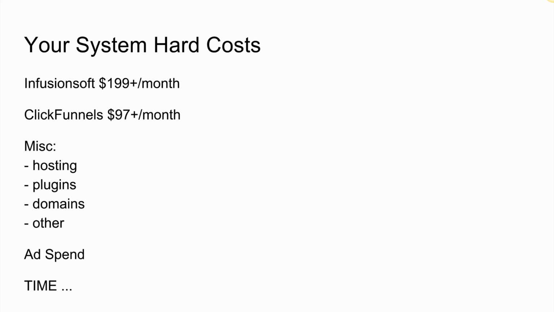Now, there is another hard cost that so many people fail to talk about, and I want to do it because I want to do things differently. I want to treat you the way I would like to be treated. Time. You could go do this on your own, and listen, I'm sure you are as smart or smarter than I am, and I was able to do it. It took me from 2009 to 2014 full time and through a lot of hardship and a lot of stress, but I figured it out.